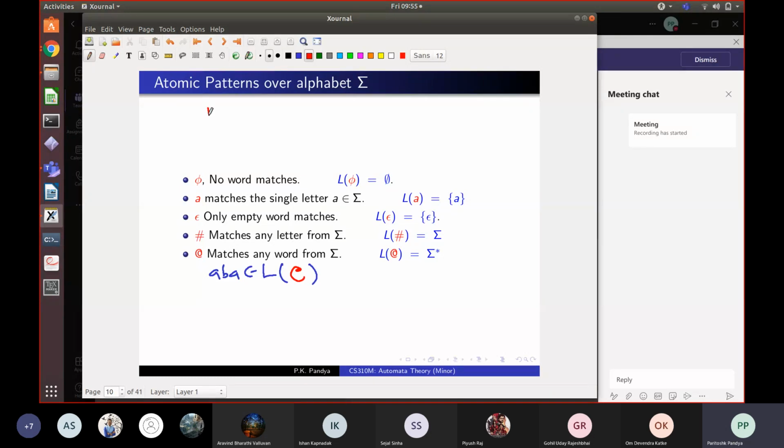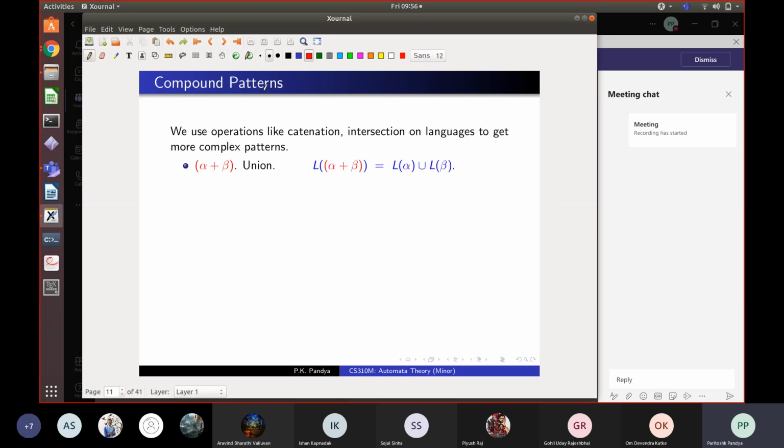Just as in arithmetic, we have got simple expressions like 1, 2, 17, etc. And using these, we can construct complicated numbers, 2 plus 3 multiplied by 4, right? So here we are using these basic expressions and combining them with operators to get a complex expression denoting a more complicated number, right? Similarly, we will define compound patterns.